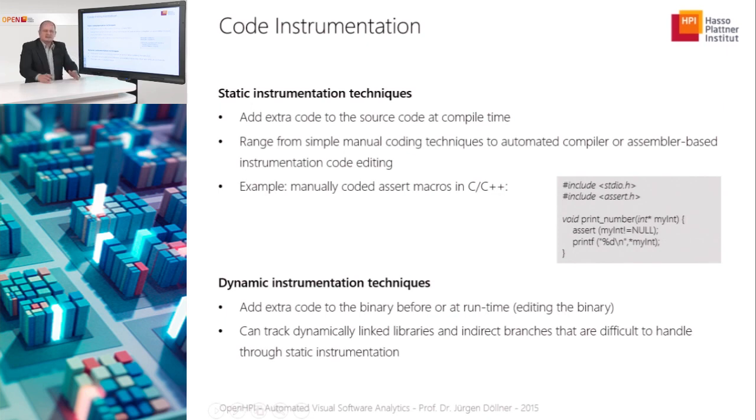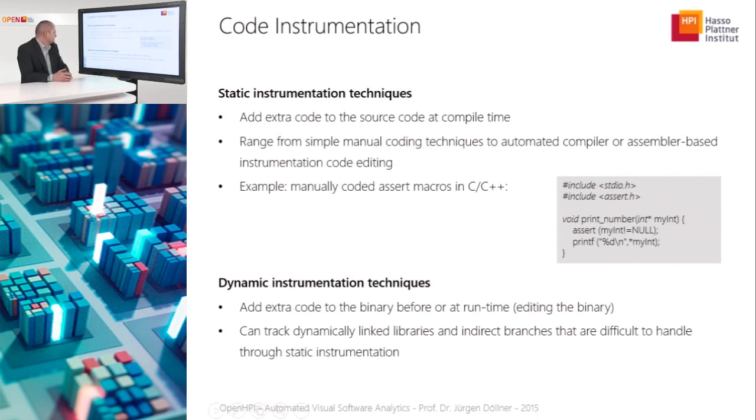So in static code instrumentation techniques, we have a large range from simple manual coding techniques to automated compiler or sampler-based instrumentation code editing techniques. In the scope of dynamic instrumentation, we add extra code to the binary of a system before or even at runtime, so the binary gets edited.